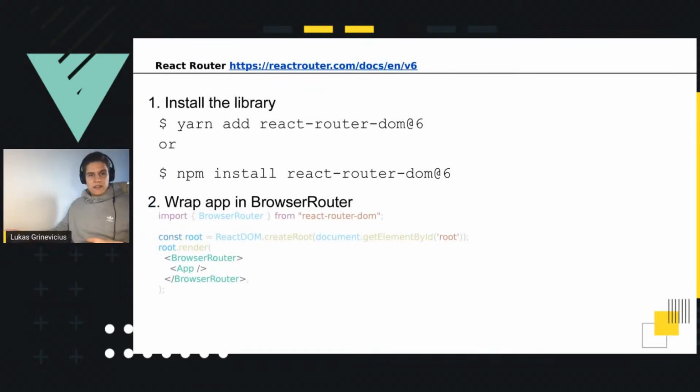Let me add this, maybe it makes more sense. So we'll need to install another library. And to do that, simply say yarn add or npm install React Router DOM. And we want the sixth version that's the newest right now.